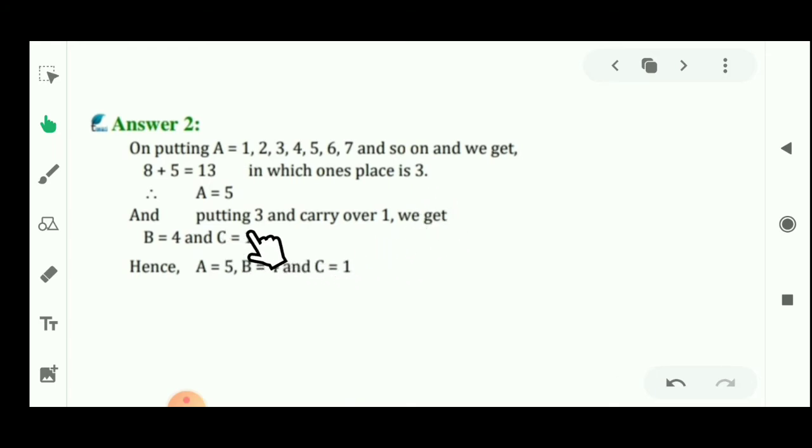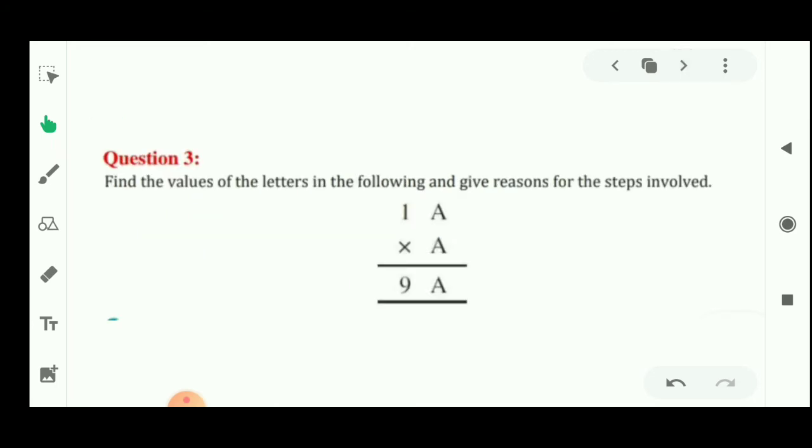From that carry 1 we can get the value of B, that means 4, and similarly C's value will be 1. So the answers are A is equal to 5, B is equal to 4 and C is equal to 1. Let's see the next solution.